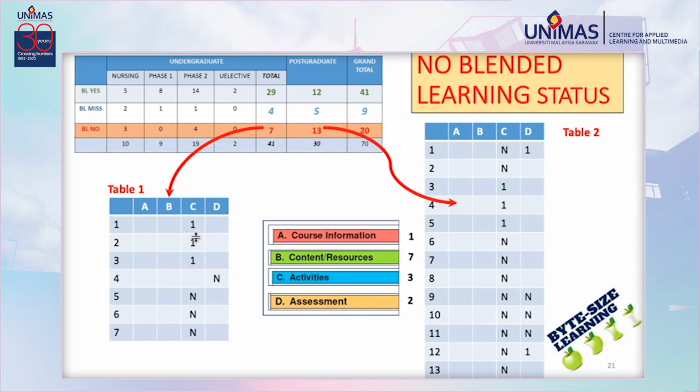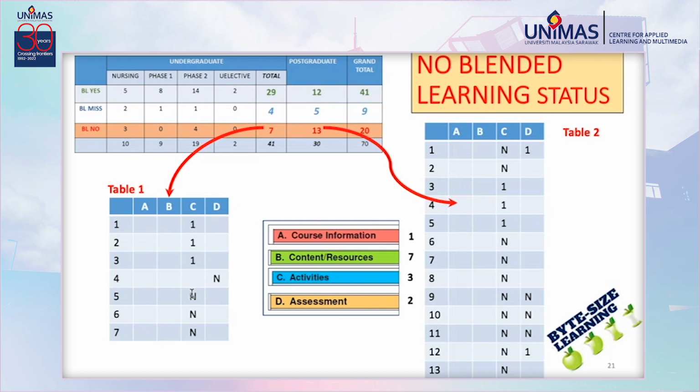How many are they supposed to get? 3. 3 activities in here, but they only have 1, 1, 1, 1, and this particular course has none at all. No activities at all, but all the others they have achieved. They even had assessment, but they don't have activities.